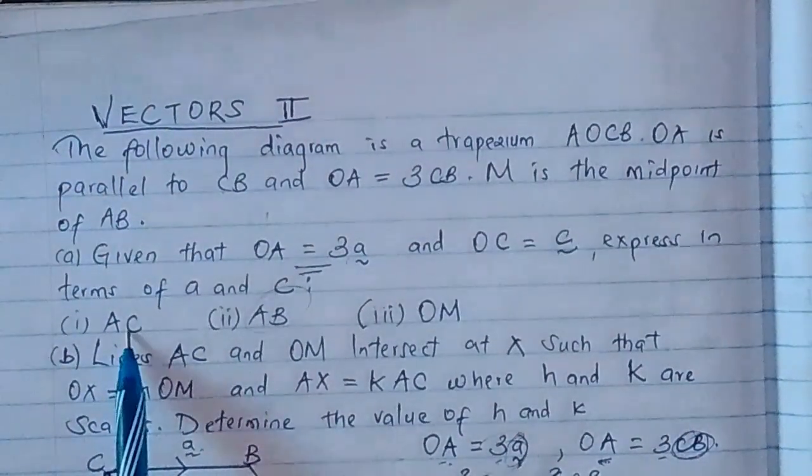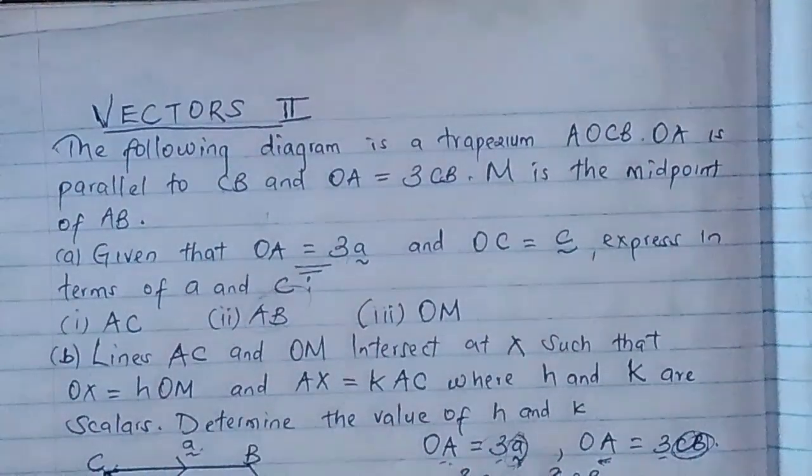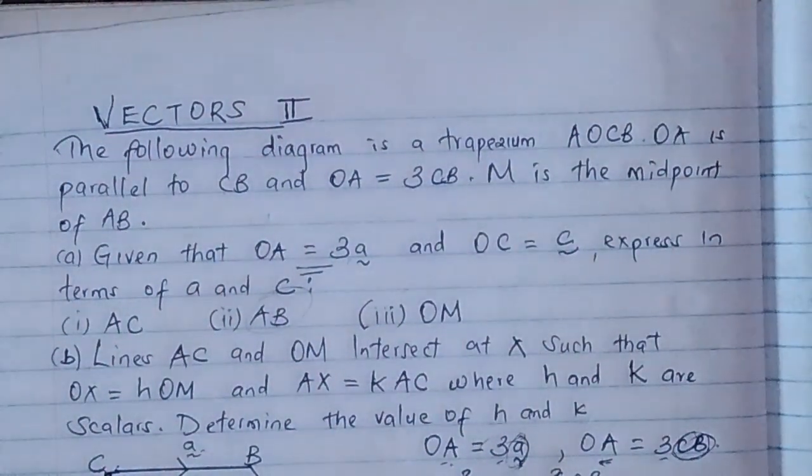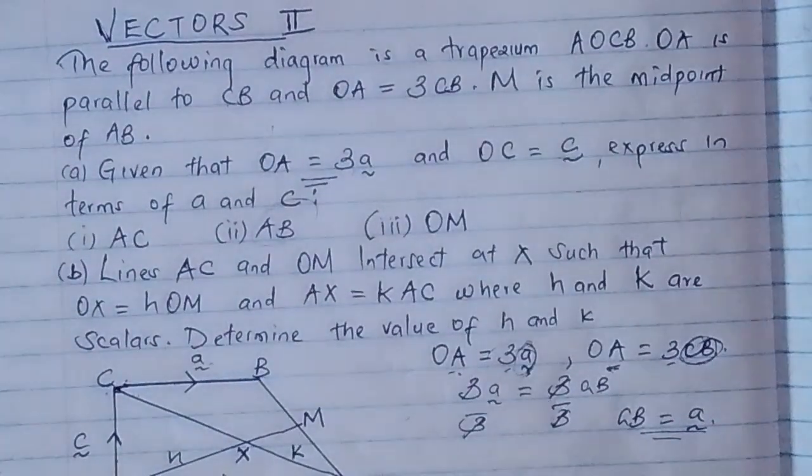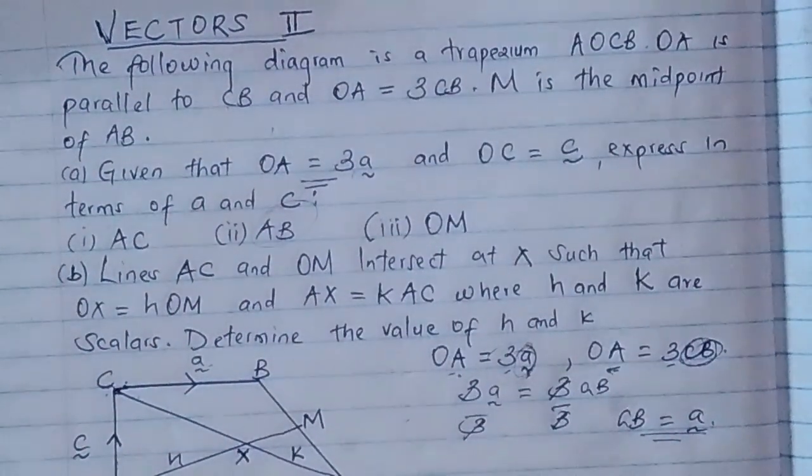So we are going to look for vector AC, and to get vector AC, we use two routes in the same question.